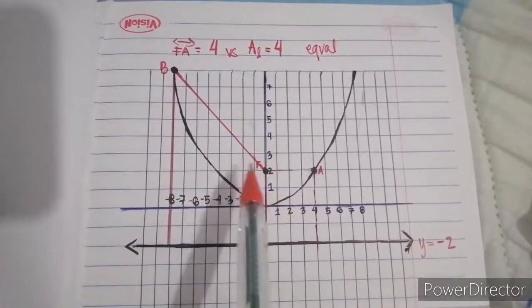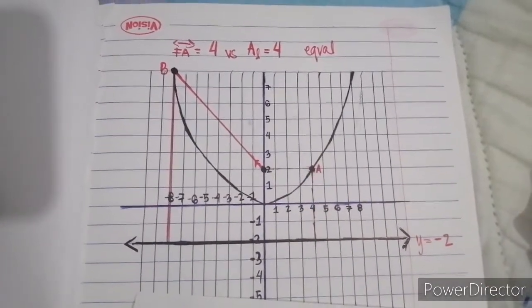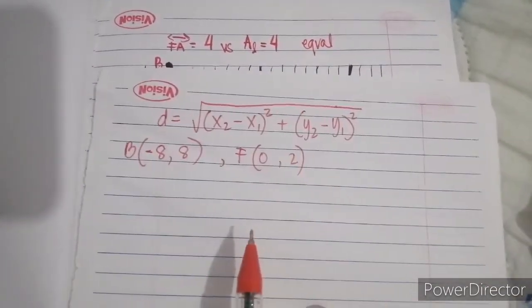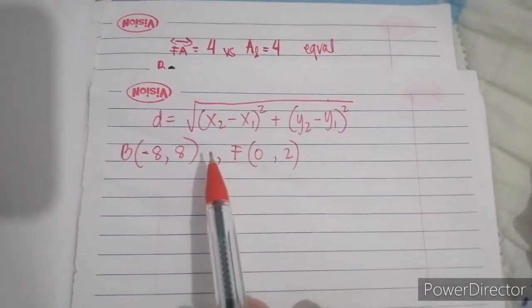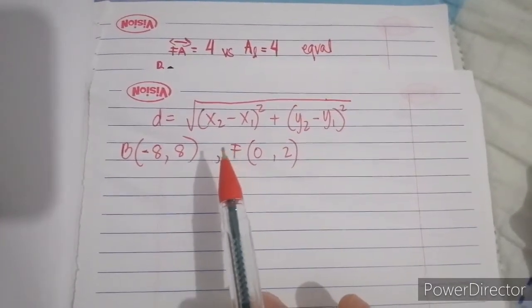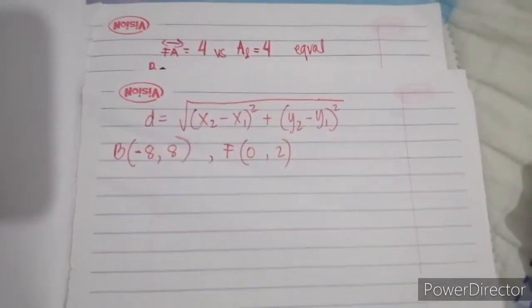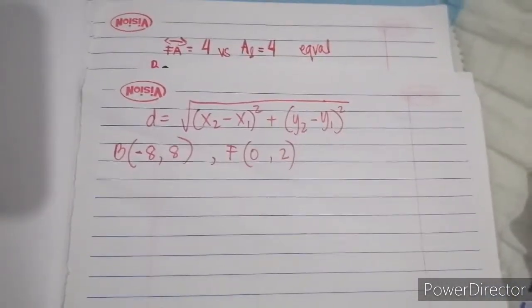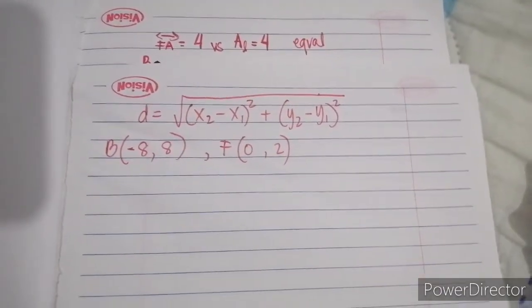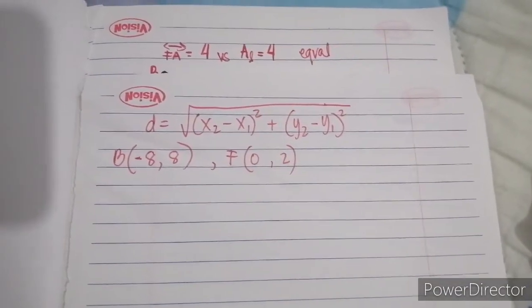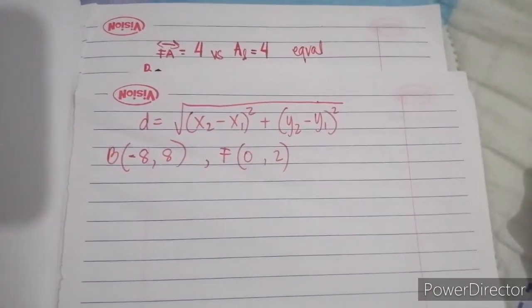using our distance formula. So we have here our formula. Distance is equal to the square root of the quantity of x sub 2 minus x sub 1 squared plus the quantity of y sub 2 minus y sub 1 squared.